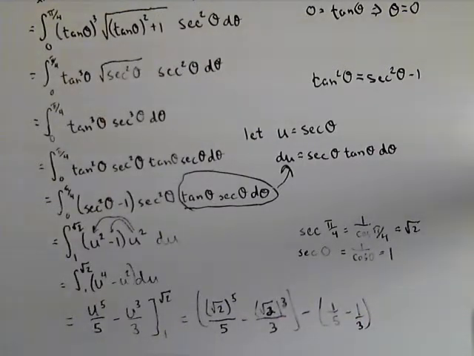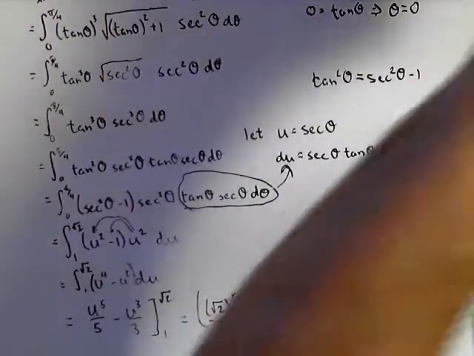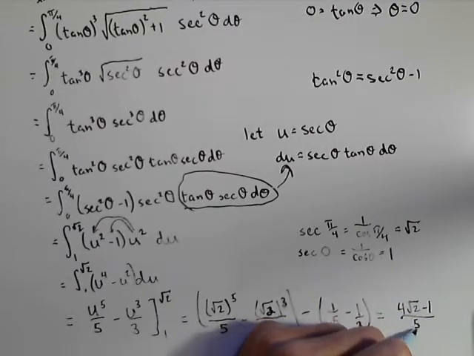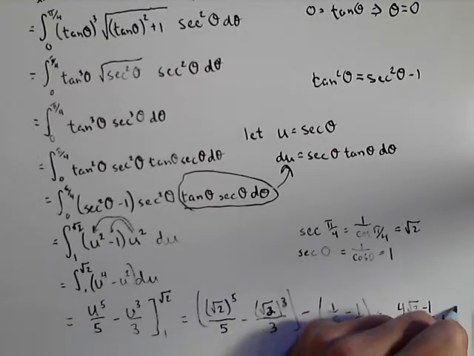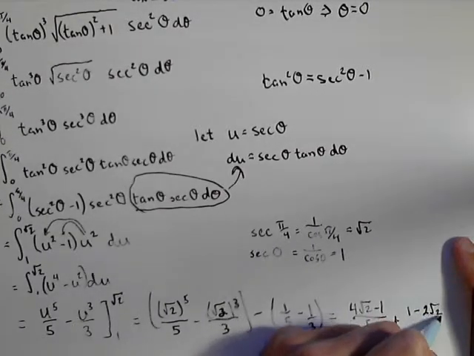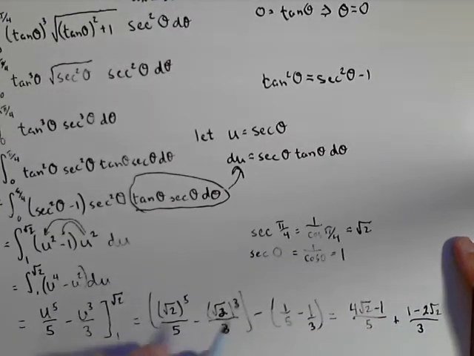There's not a ton of simplifying we can do in here. We can match up some like terms and get this thing down to 4 rad 2 minus 1 over 5 plus 1 minus 2 rad 2 over 3.